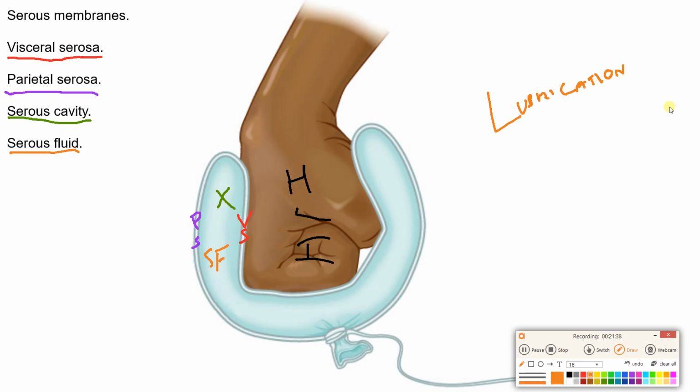The stomach and intestines expand as food goes through them. So there is a degree of movement for those organs. With movement comes a problem, and that problem is friction. And how do we ameliorate that problem? Well, we lubricate.